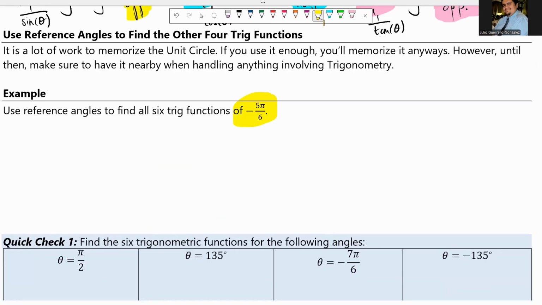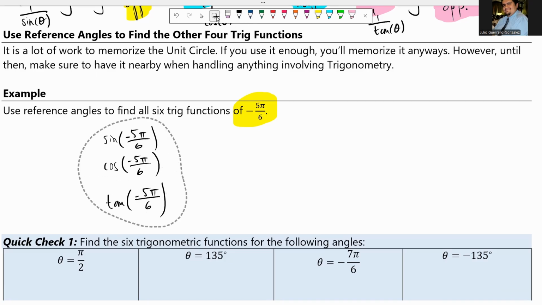So for example, let's say I wanted to find all 6 trig functions of negative 5 pi over 6. The 6 trig functions are going to be sine of negative 5 pi over 6, cosine of negative 5 pi over 6, and then tangent of negative 5 pi over 6. Let me first grab these and move them over a little bit.